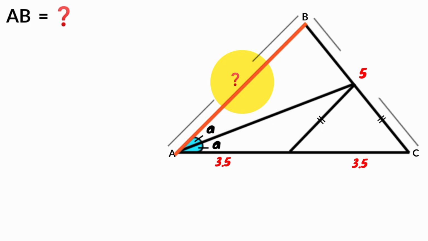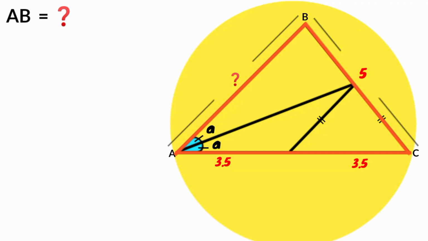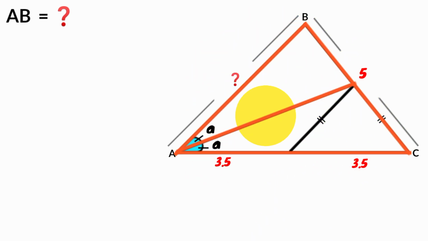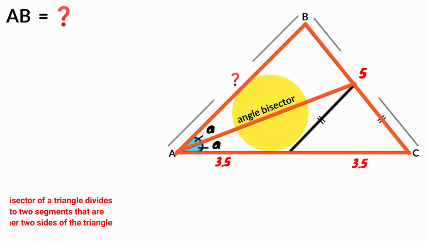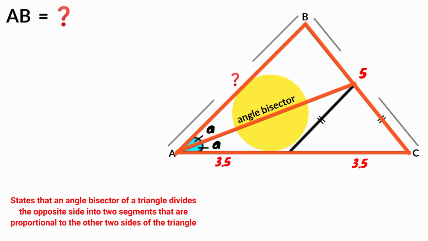It is very simple. We start from this triangle ABC. This side bisects this angle of A. That makes it an angle bisector of the triangle. So we can use the angle bisector theorem, which states that the angle bisector of a triangle divides the opposite side into two segments that are in the same proportion as the other two sides.